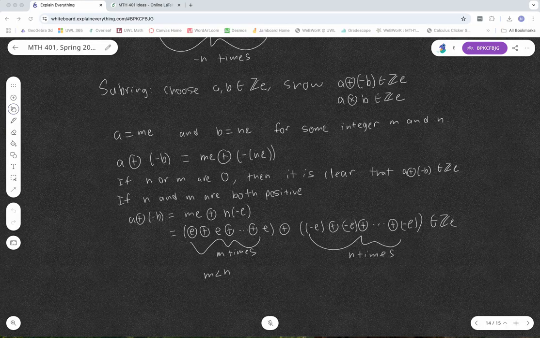So maybe let's just say right up here, without loss of generality, M is less than N. Oh, I actually want to say the other way. I want to say M is greater than N.